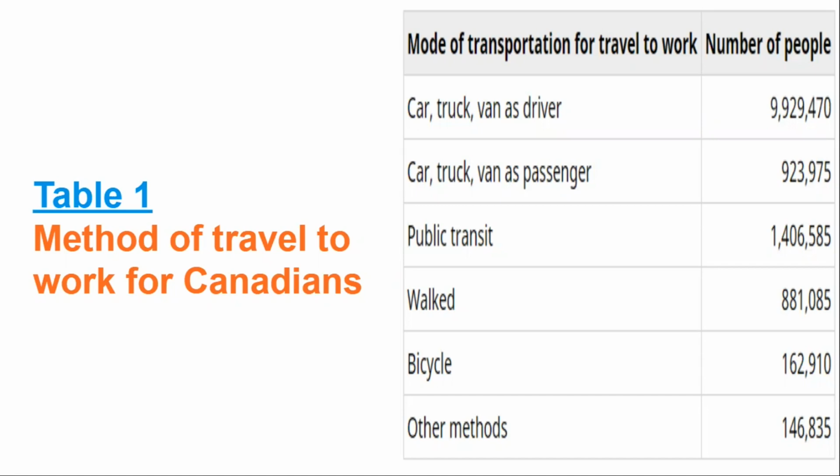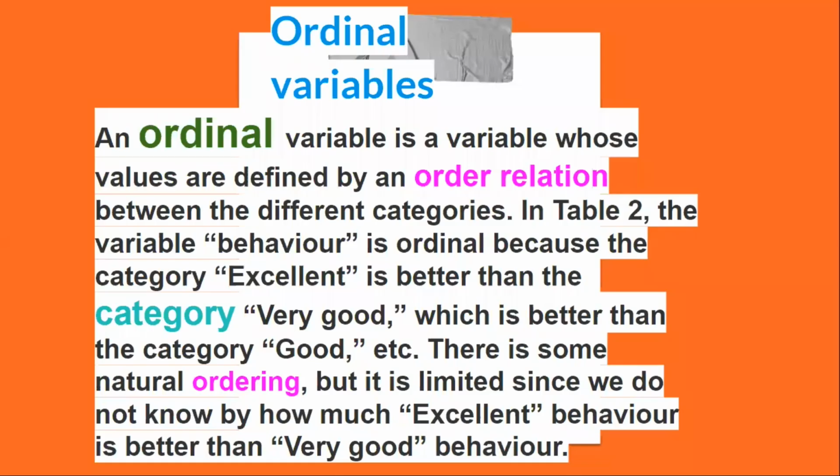The third category highlighted here is public transit. We also have walking, bicycle, or other methods of transportation, for example on horseback or any other means you can use. That's an example of a categorical variable.